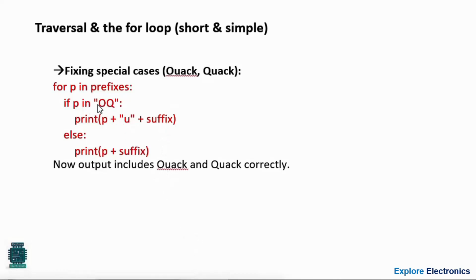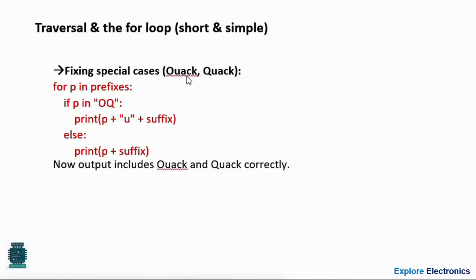If I don't get O and Q in the prefix, it will leave it and won't print anything in the output. If I get O, it will take that O and U in the suffix, whatever I have, that is ACK, and print it in the output.